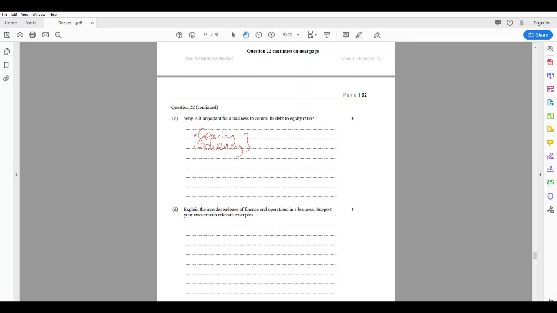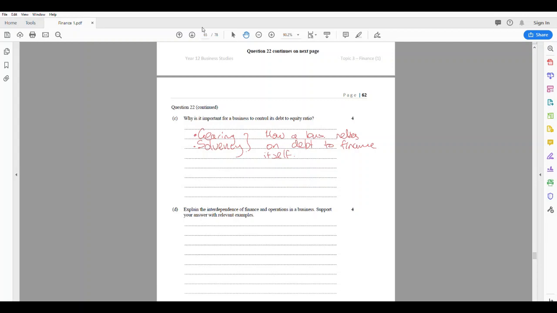Our debt to equity ratio really talks about how a business relies on debt to finance itself. So that's probably an introduction. We're going to start referring to gearing and solvency. This is an indication of how solvent the business is and how it's geared itself.